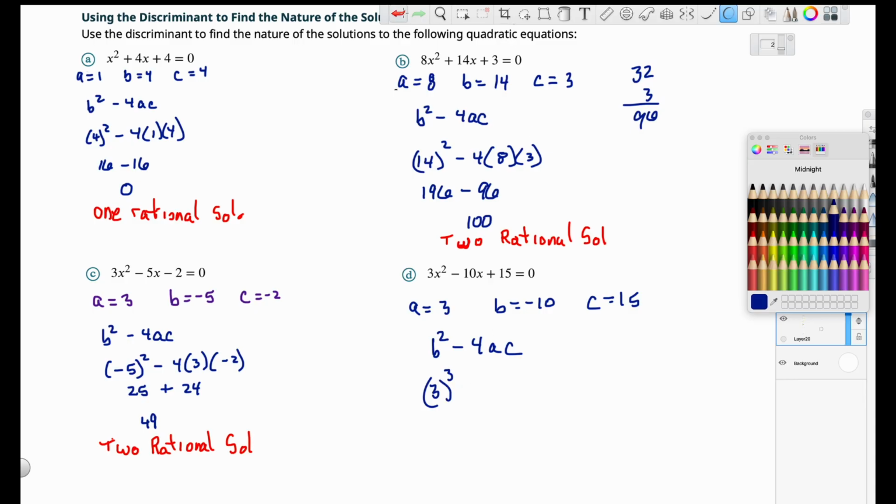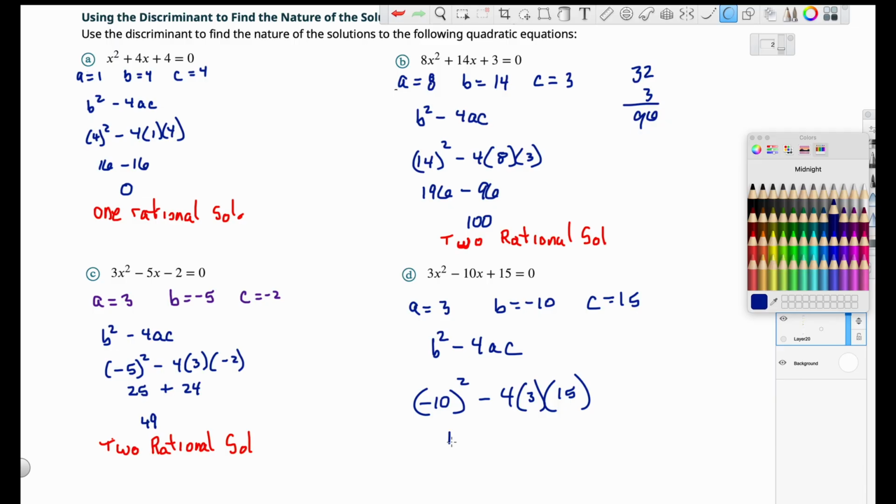Sorry, I'm clicking the wrong thing. 3 is A. Let's fix that. Negative 10 squared minus 4, A is 3, C is 15.